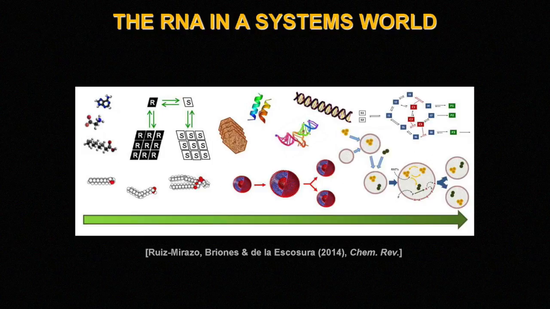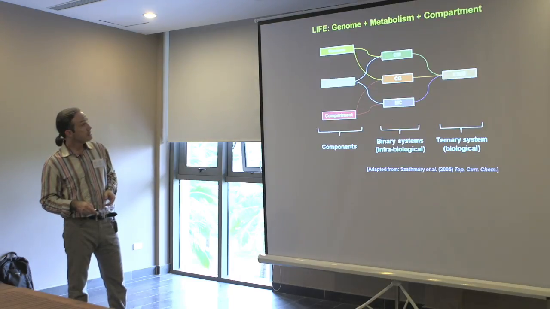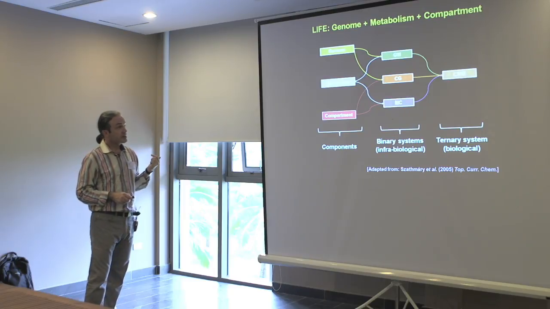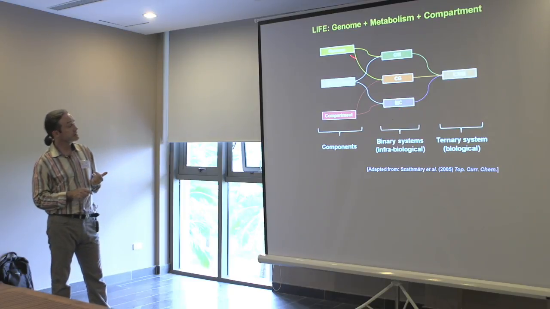After all this evolution of the RNA world model, we are now facing an epoch in which we like to integrate RNA world with metabolism, with compartment in a systems framework. This is what we are going to talk about in the conference in 3 or 4 days. Because we don't have to forget that life, as I told you at the beginning of my talk, is the combination of genome, metabolism, and compartment.